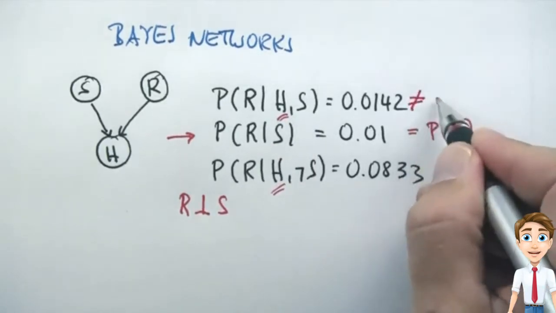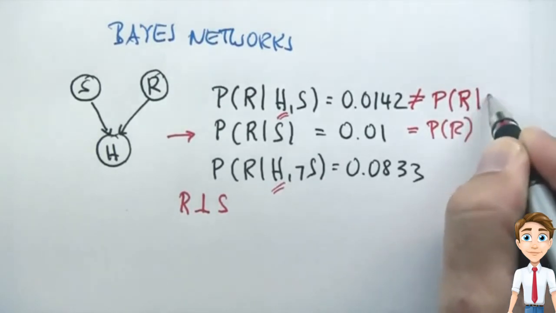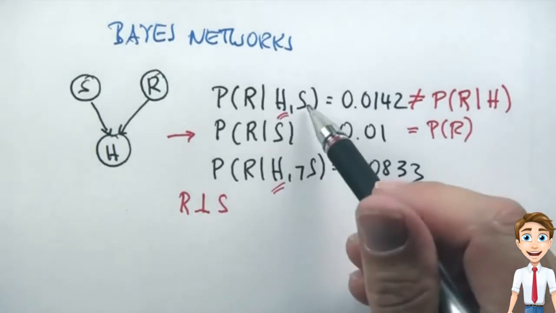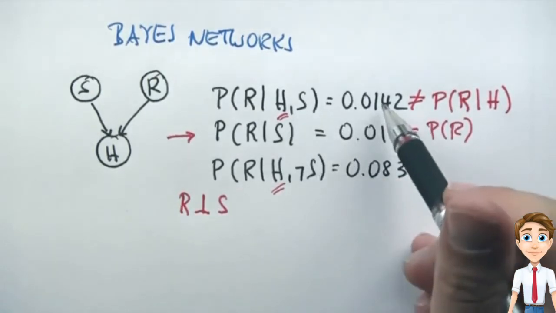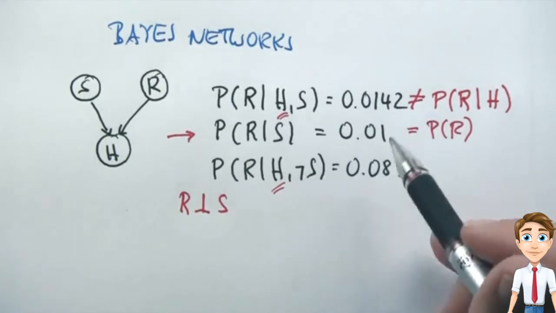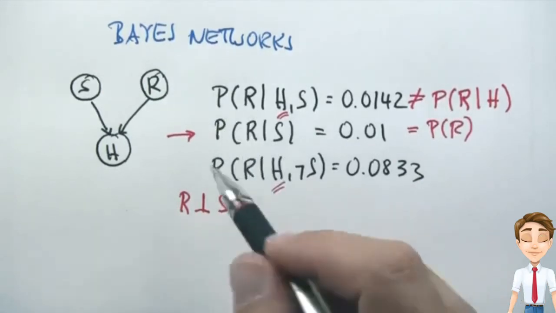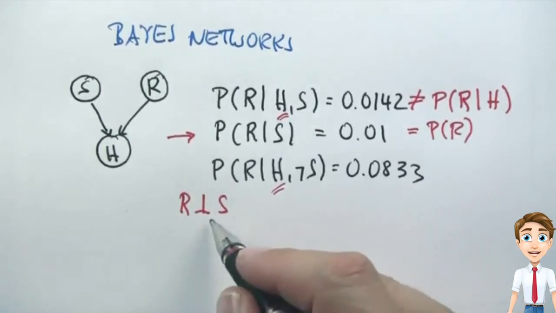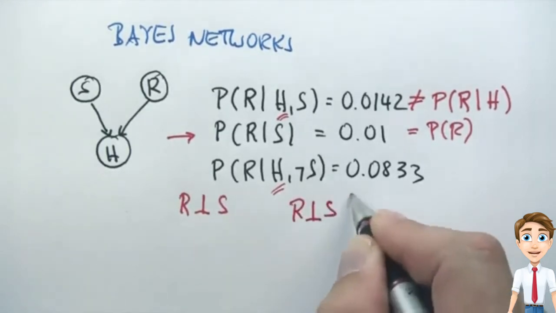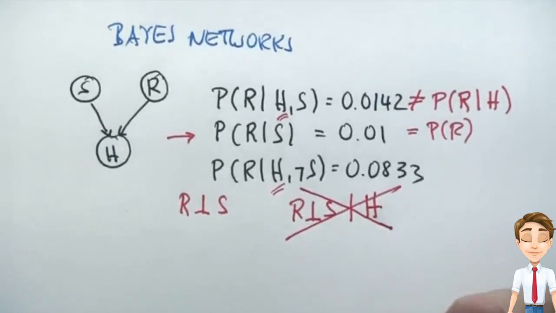This is not the same as the probability of just R given H. Obviously it isn't, because if I now vary S from S to not S, it affects my probability for the variable R. It is a really unusual situation where R and S are independent, but given the variable H, R and S are not independent anymore.